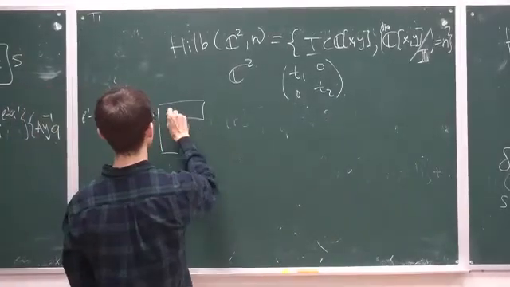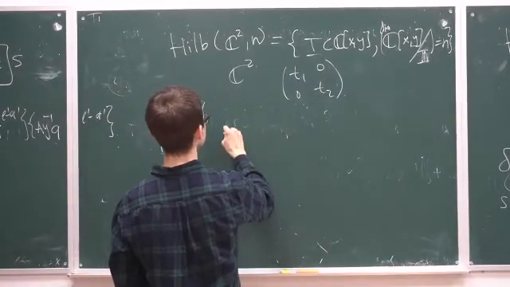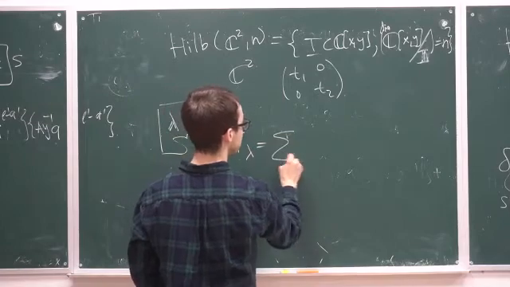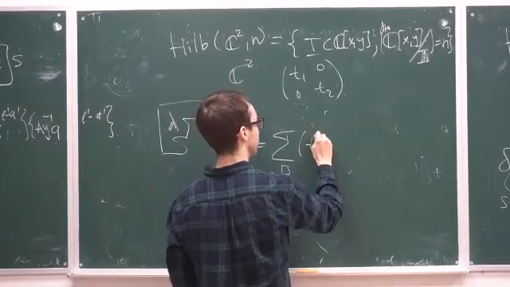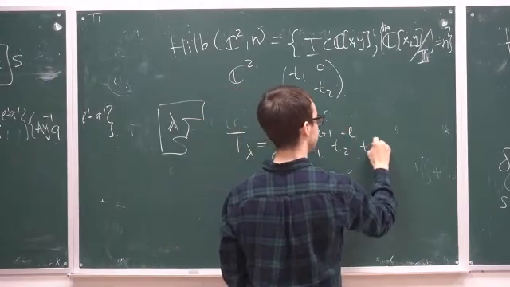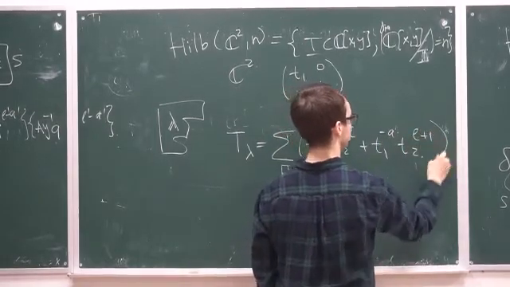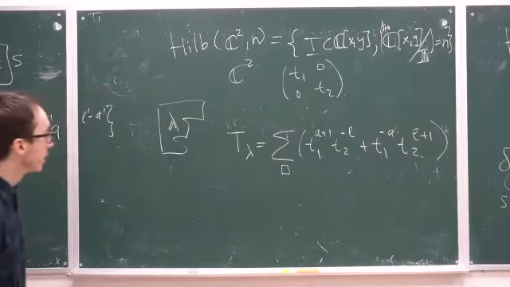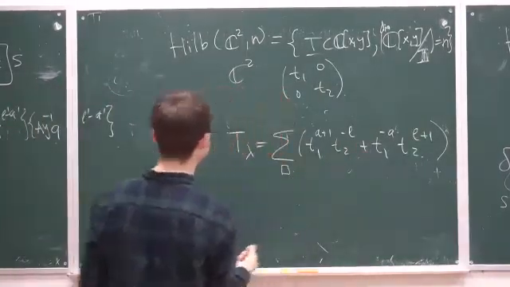And if we consider a Young diagram lambda, the tangent space at this Young diagram is a sum over boxes of T1 to the A plus 1 T2 to the minus L plus T1 to the minus A T2 to the L plus 1. So it is a 2n dimensional space, and the character is this.